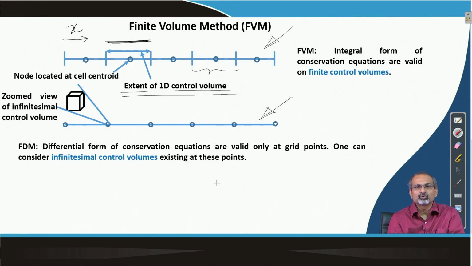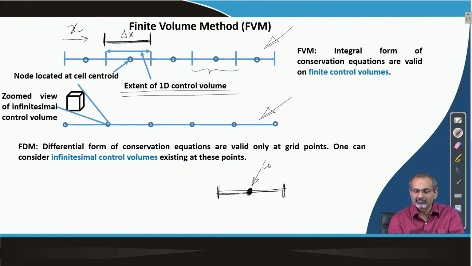Now, since the control volume has a certain extent which is, let us say, given by this interval delta x, we need to remember that this delta x is no longer the distance between two neighboring grid points, but rather it is the length of one control volume. And then what we would end up doing is that if this is our control volume, we set a control point at the center of the control volume.